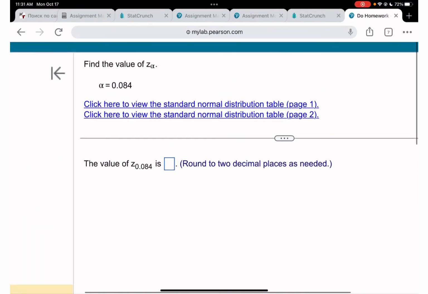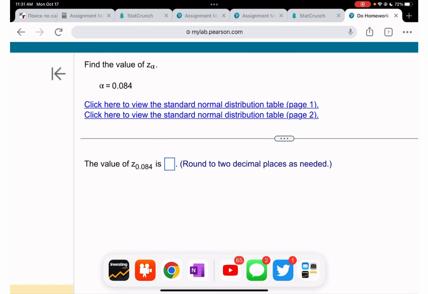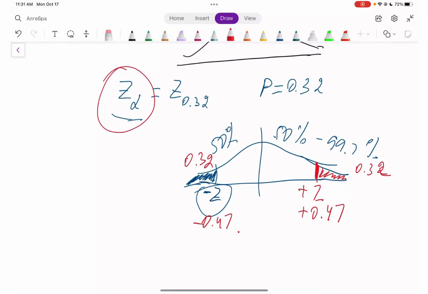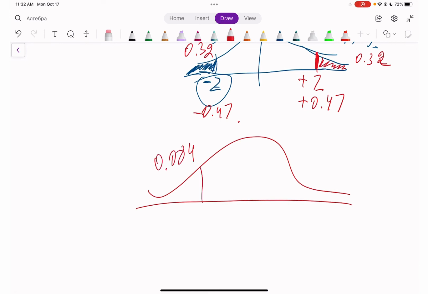So again, it gives you value of z alpha. Alpha identifies the area for z critical. Let me explain in a few words real quick. 0.084. What it means, this is the limit.